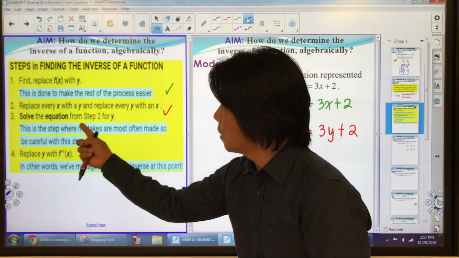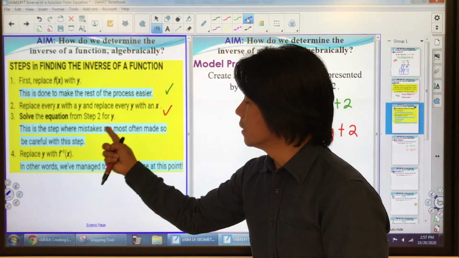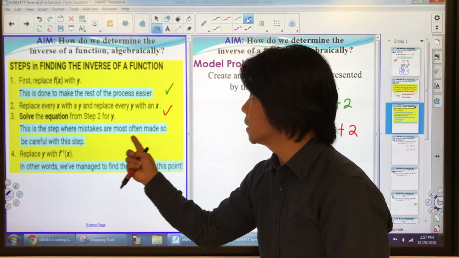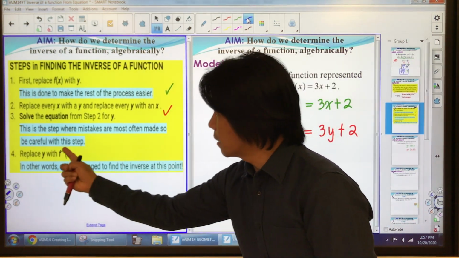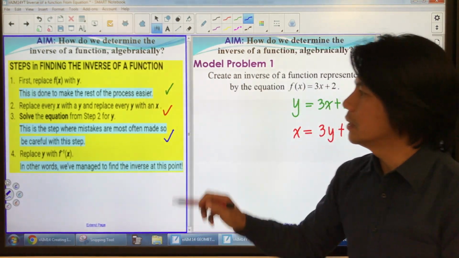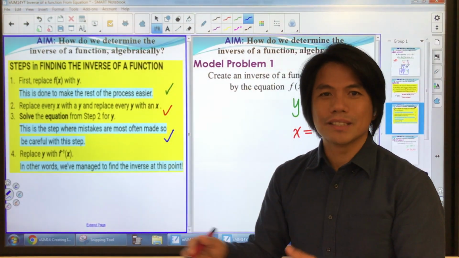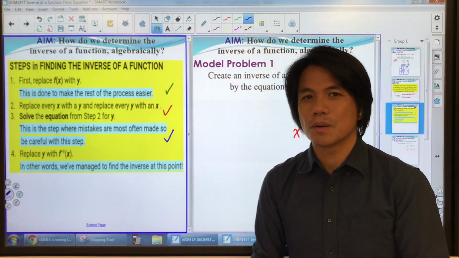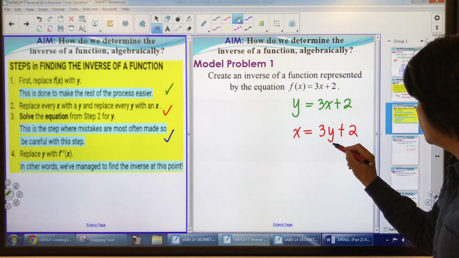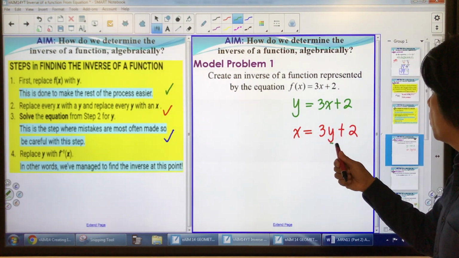Step 3: solve the equation from step 2 for y. And there's a note here. This is the step where mistakes are most often made, so be careful with this step. This is actually the same as what we did in the intro activity. We just simply isolate the y by doing inverse operation.